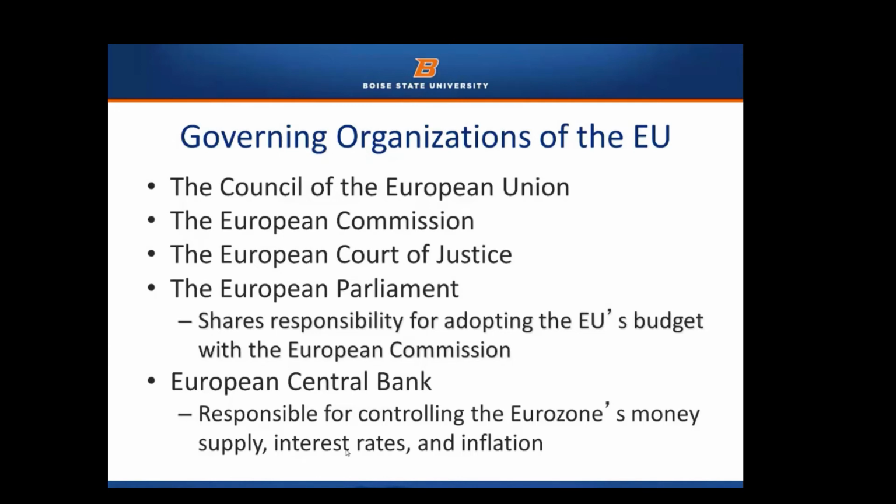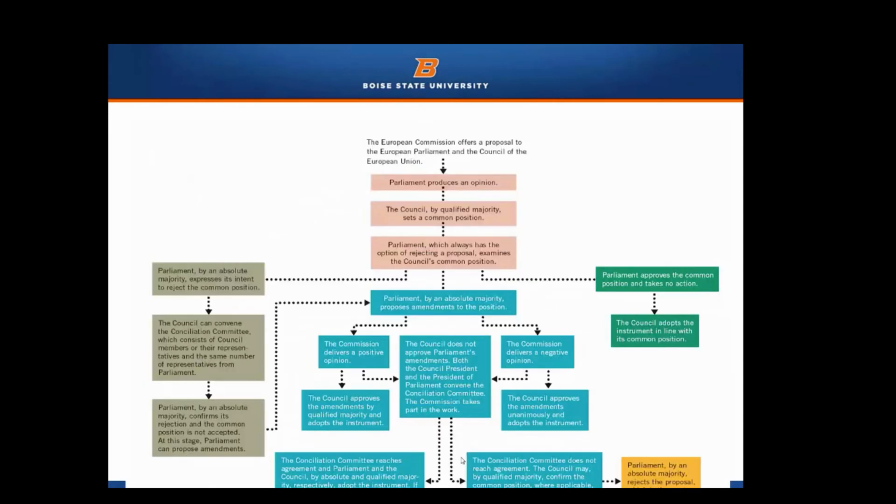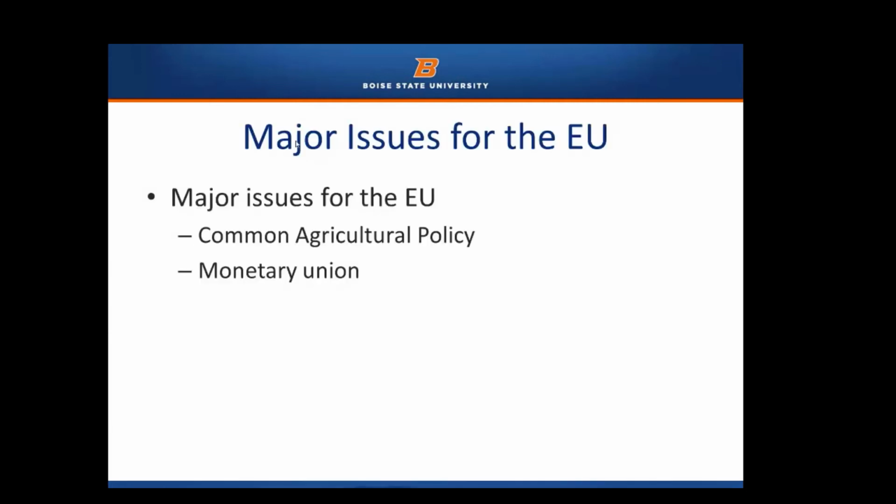What are interest rates and inflation policies across Europe? That's all under the purview of the European Central Bank. This is going to be tough to see, but here's the overall structure of the governance of the European Union. If you want to, you can look at this in the PDF version of the slides.